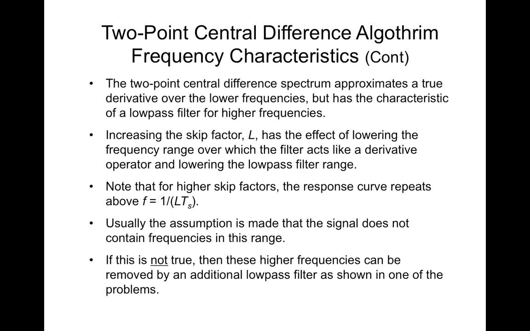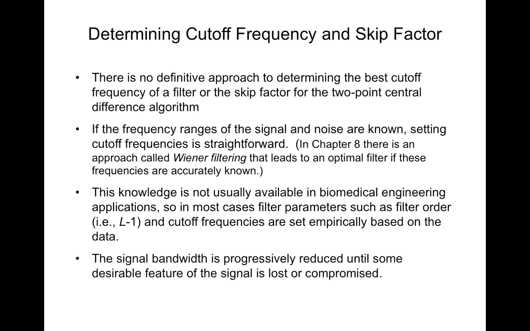So for higher skip factors, that response curve is going to repeat itself. And usually you're making the assumption that the signal doesn't contain frequencies in this range. And then, as I said on the last slide, if that's not the case, you would want to use an additional low pass filter to get rid of those derivative enhanced higher frequency components. There's no real straightforward way to determine the best cutoff frequency or the skip factor.